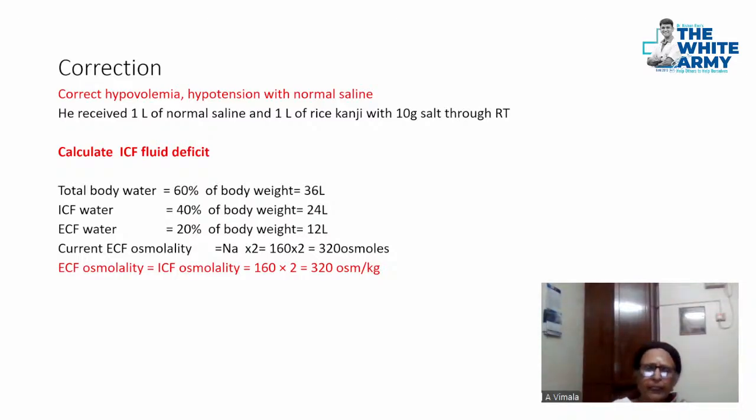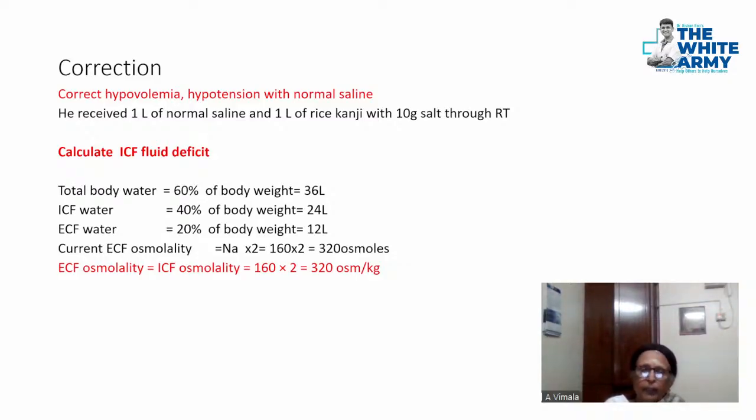How do we correct? Correct hypovolemia and hypotension with normal saline. He received 1 liter of normal saline and 1 liter of rice kanji with 10 grams salt. His blood pressure got corrected. Now let us see. We said whenever there is hypernatremia, there is a deficit of fluid in the cell. So how will you calculate the fluid deficit?